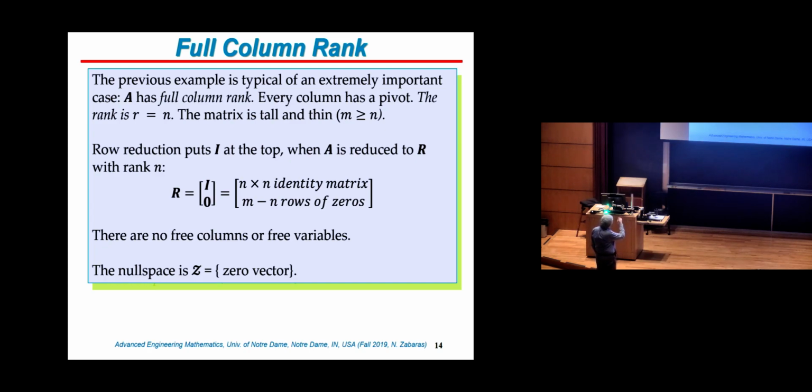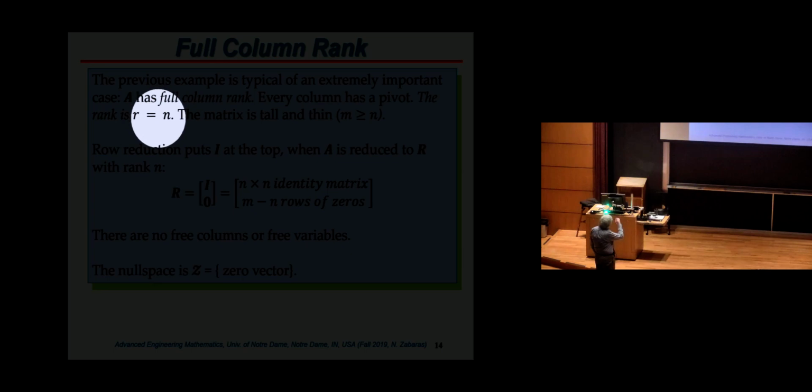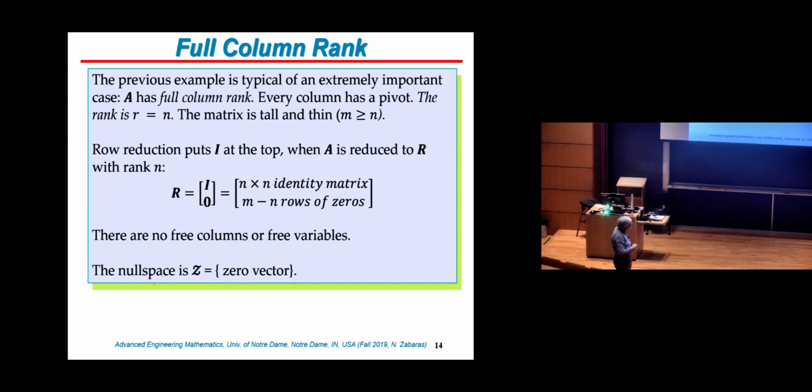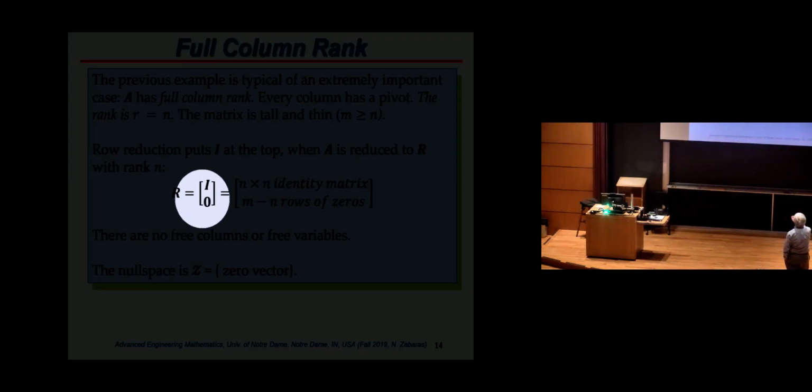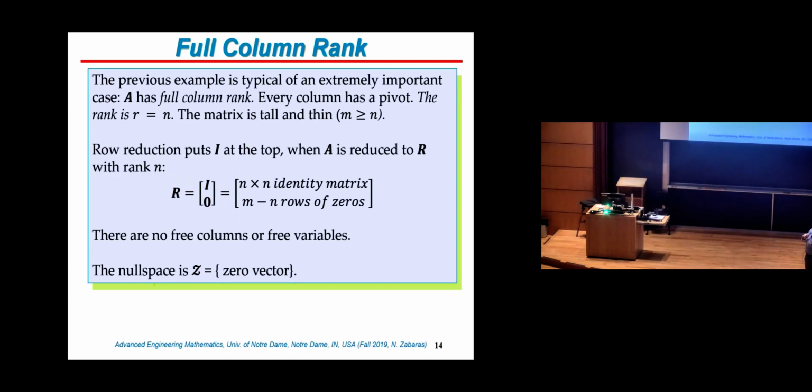So we're going to take the case where r equals n. Are you convinced that the general form of the reduced matrix R is the identity matrix, which is r by r, which is n by n, and then this matrix of zeros? Will you agree with me that's how R will look?